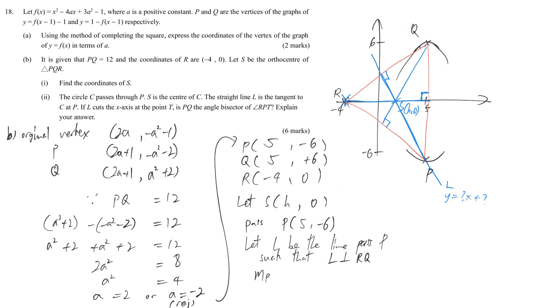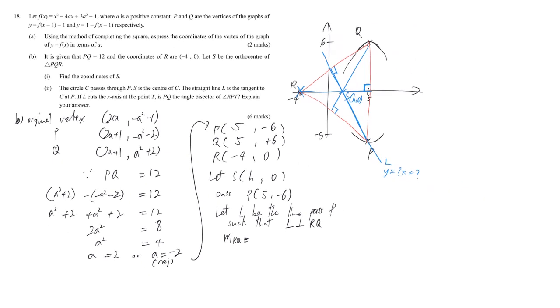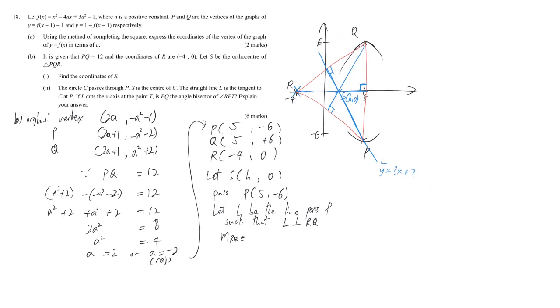So slope RQ, we get this one first, then we try to get slope L. The slope RQ between R and Q, that's why you should copy down the coordinates in a vertical manner. So (6 minus 0) over (5 plus 4) is 6 over 9, that means 2 over 3. Therefore, slope L is equal to negative 1 divided by 2 over 3.